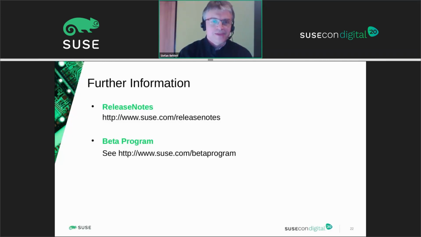If you want to give feedback, if you want to know before the rest what's coming, and if you want to adjust your stuff and also give feedback in time so we can adapt and adjust stuff so you can work with it perfectly. Look at that page. Beta programs are available for a lot of the products that we have at SUSE. You can still join the SP2 beta program. You get early access to what we do in that case. It's open to everybody. We will be happy to have you there.